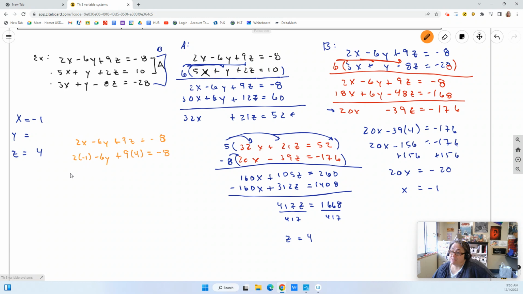Right, so we've got 2 times negative 1, that's negative 2, minus 6y plus 36 equals negative 8. That's the same as saying minus 6y plus 34 equals negative 8. I just combined the negative 2 and that 36.